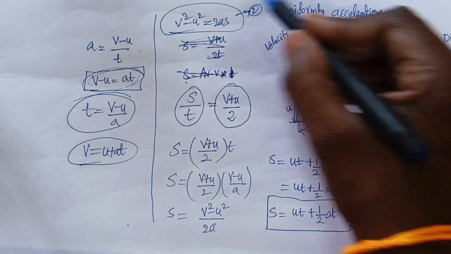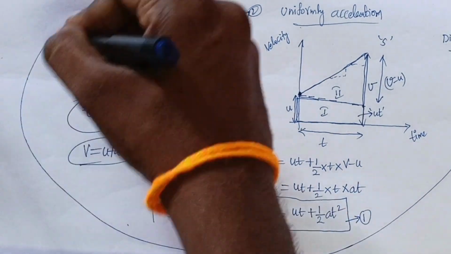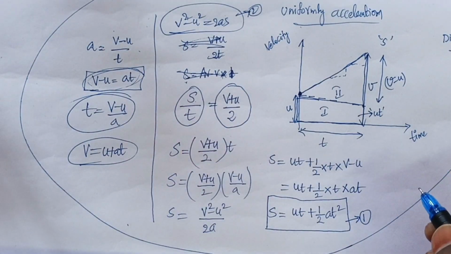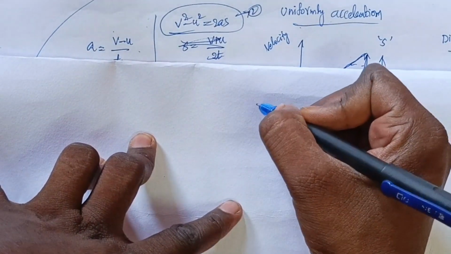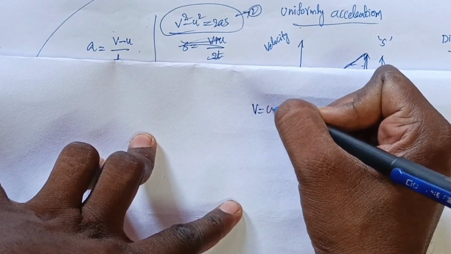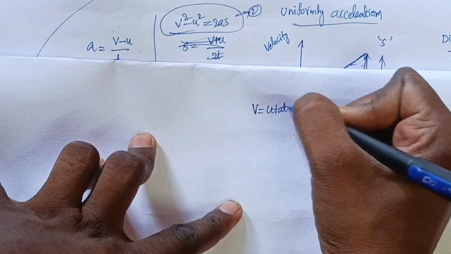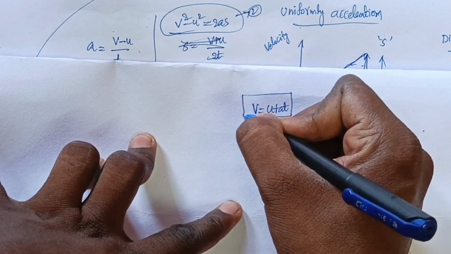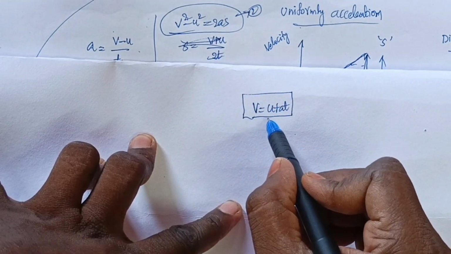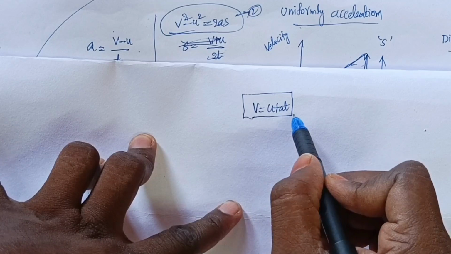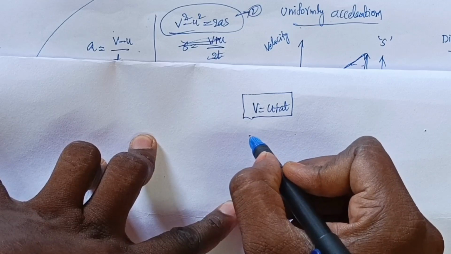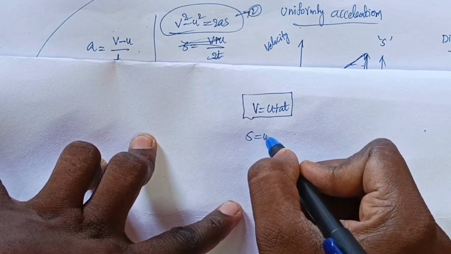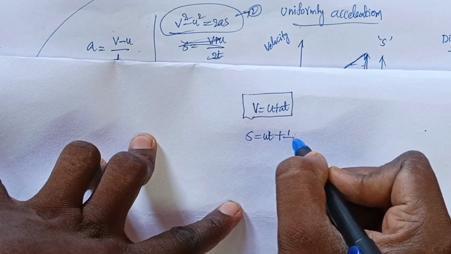So finally, the three equations of motion are: v is equal to u plus a times t, which means final velocity is equal to initial velocity plus acceleration times time. The second equation is s is equal to u times t plus half at square.